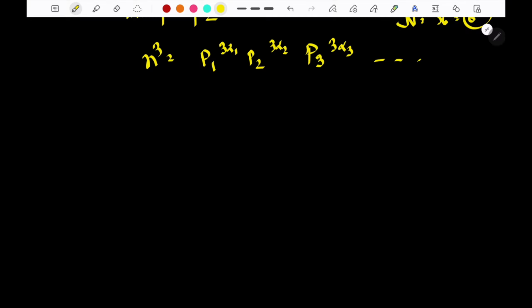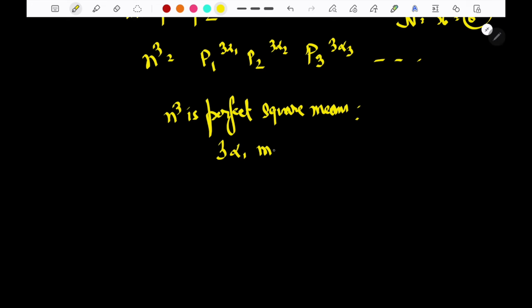So n cube is a perfect square means 3 alpha 1, 3 alpha 2, 3 alpha 3 must be perfect squares.